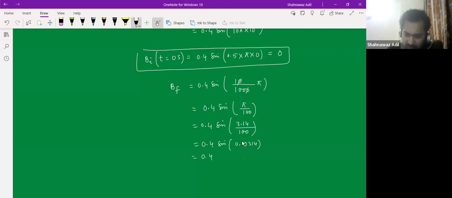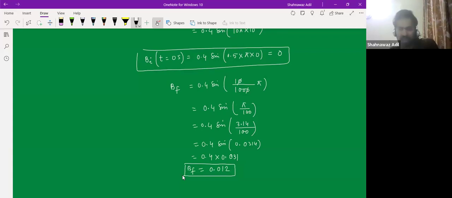Sine of 0.0314 is 0.031, right? And multiplied by 0.3, this is 0.01. So this is the final magnetic field.